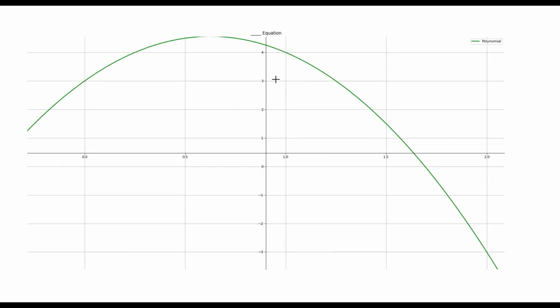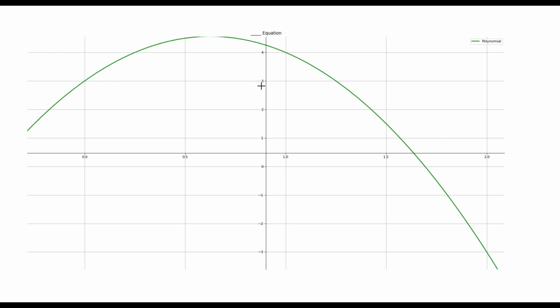For 0, the output is 3. Can you see that? For x is equal to 0 over here, go along the axis where the graph is cutting this particular line. See the projection on the y-axis. That is your output. So in this case, it is 3. For x is equal to 0, output is 3.